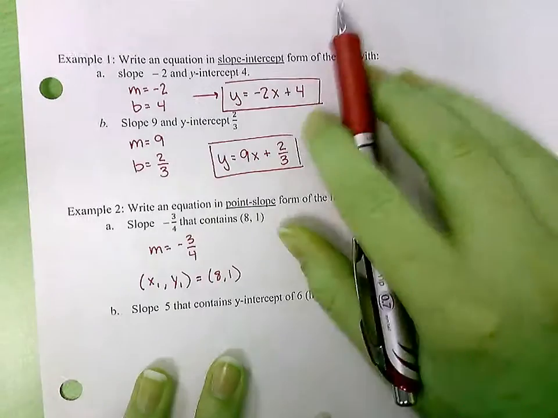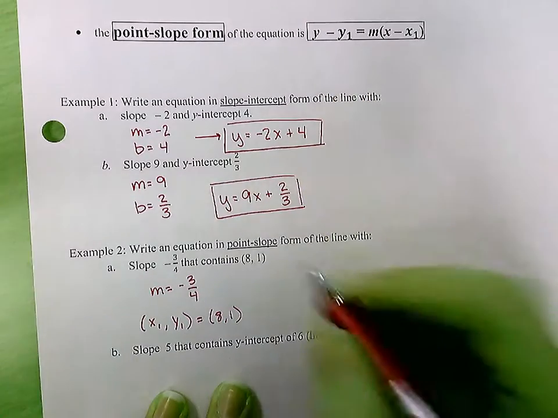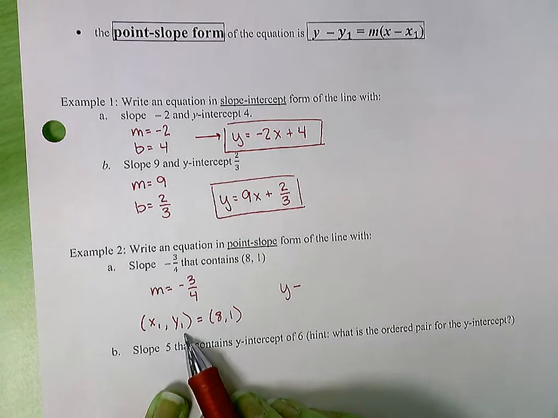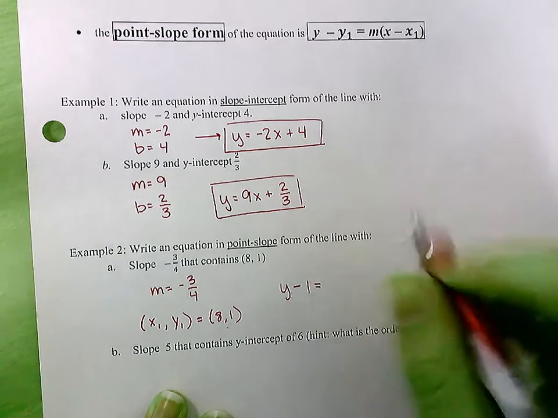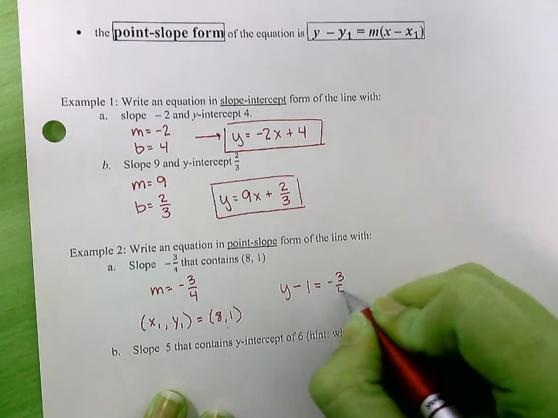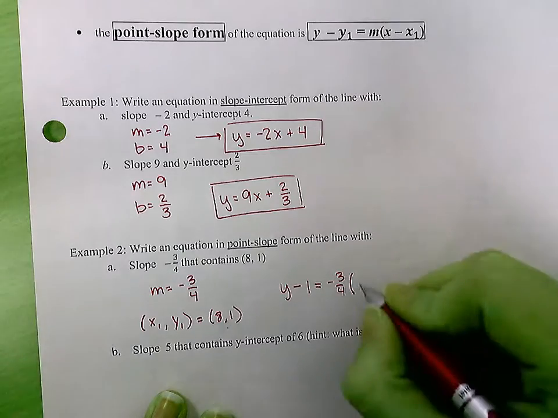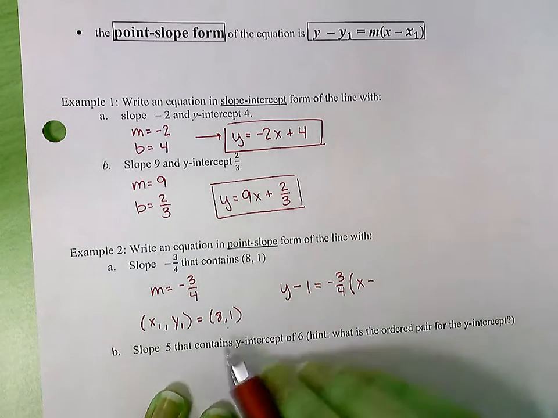So now again, I just want to plug in what I know into that form up there. So we still have y minus our y sub 1 here will be 1. That's equal to our slope m is -3/4 times the quantity, x stays the same, minus our x sub 1.